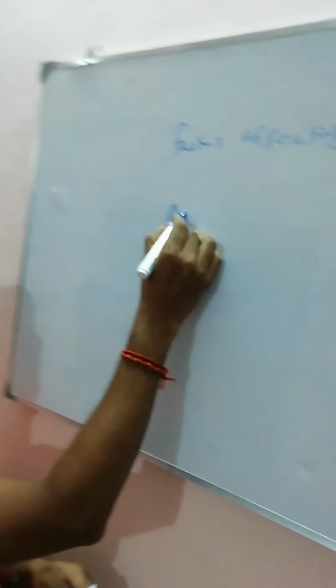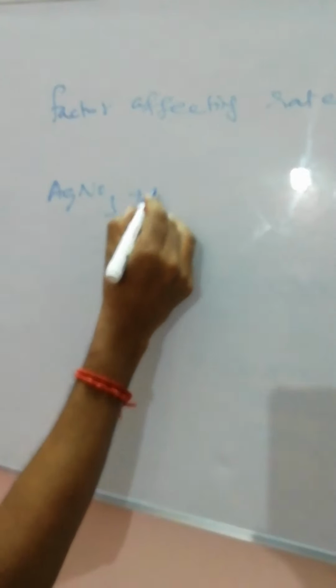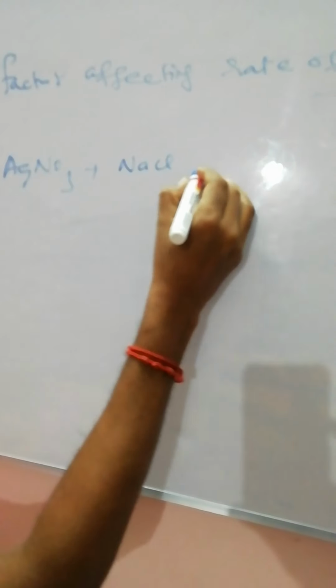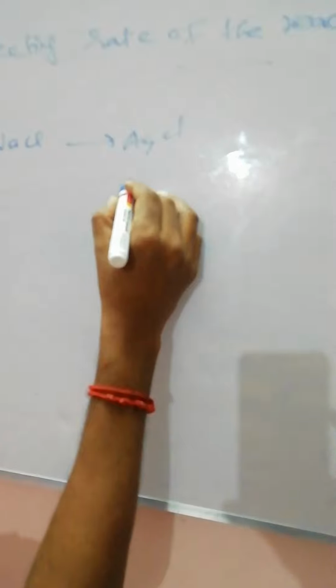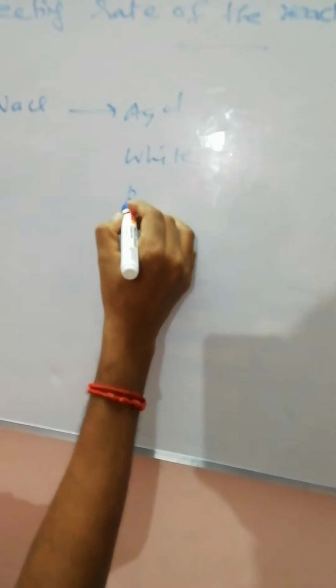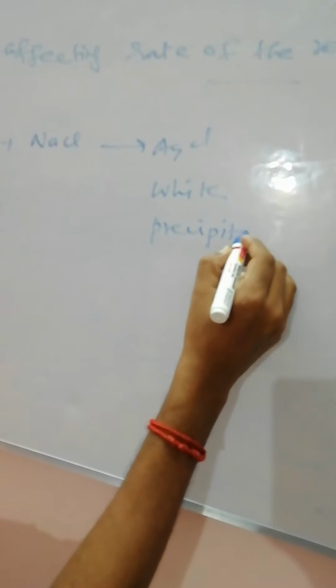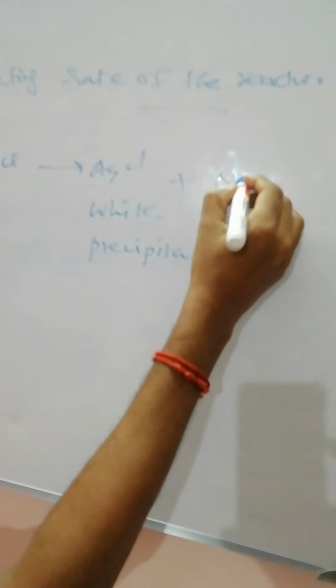Example: silver nitrate reacts with sodium chloride to give silver chloride, a white precipitate, plus sodium nitrate, right? This is an example of an ionic reaction. So this is the term nature of reactant.